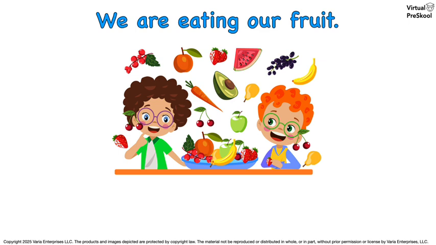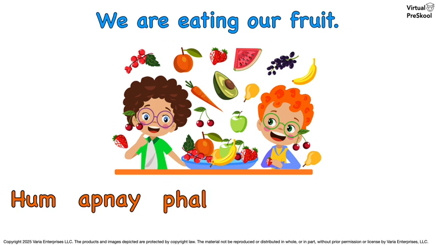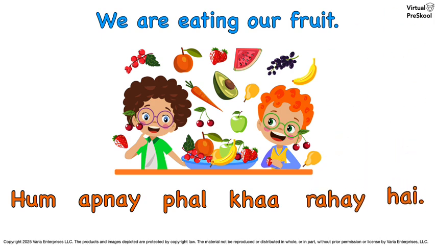So how would we say this sentence in Hindi? हम अपने फल खा रहे हैं. Why is it apne? Because fruit is plural. We are eating our fruit. So fruit is plural. So हम अपने फल खा रहे हैं.